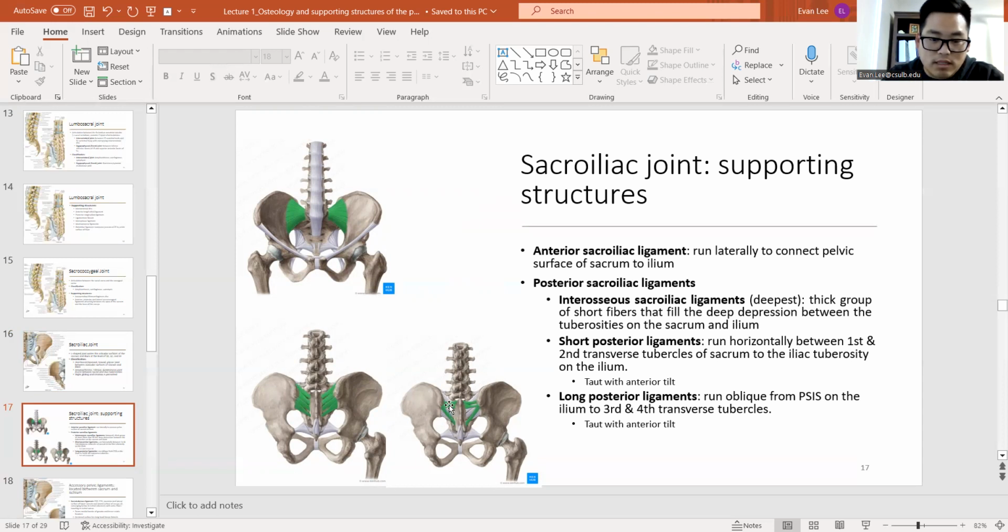These top ones are going to be the short posterior sacroiliac ligaments. And then these diagonal ones will be the long posterior sacroiliac ligaments. So short ones are the ones that go across. Long ones are the ones that are going more downward.